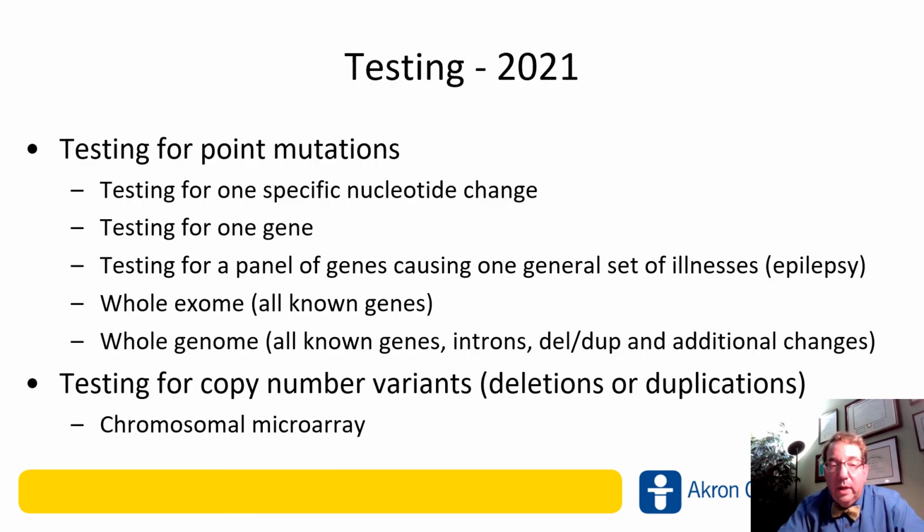So again, as I mentioned, in 2021, when we order a test, we can test for point mutations or we can test for copy number variants, although it's all going to come to the same thing soon enough. So we can order a test for one specific nucleotide chain, testing for one gene.